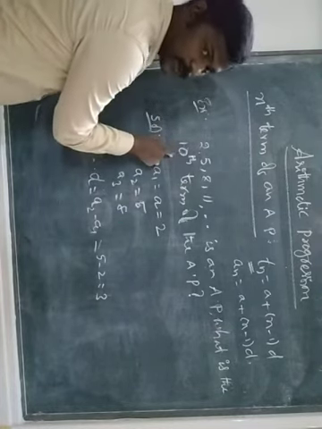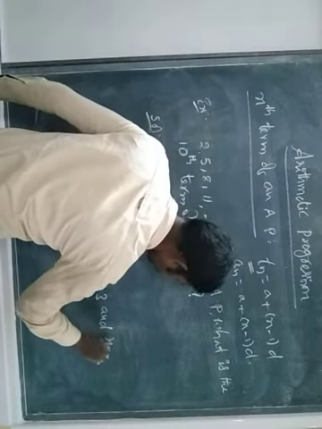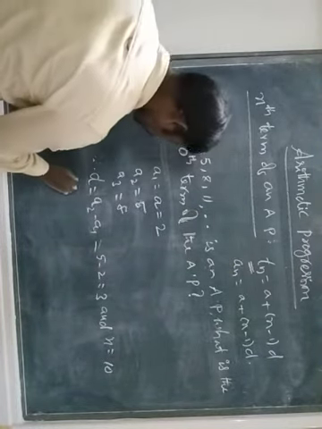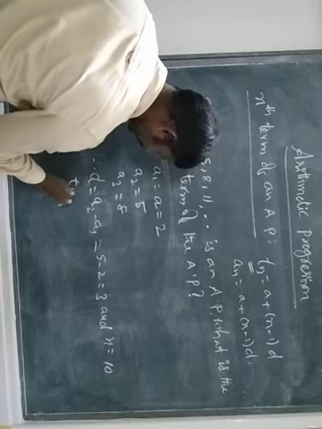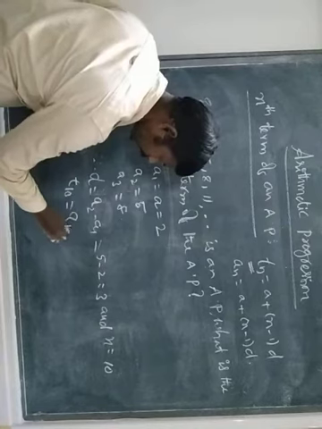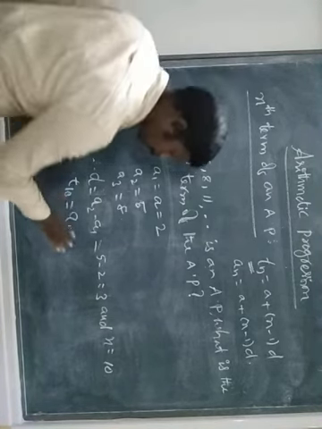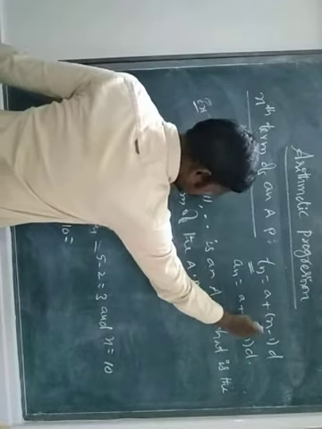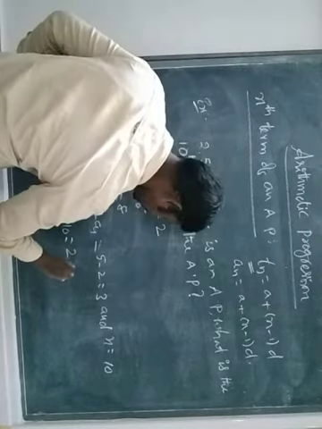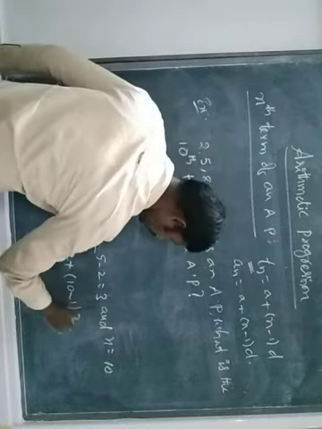Now which term do we want? The 10th term, so n is equal to 10. Now you can find the 10th term. In the place of n, you write 10: T10, or you can write A10, same thing. So the 10th term, according to the formula, is A plus (n minus 1) into D. A is 2, plus 10 minus 1 into D, and the D value is 3.